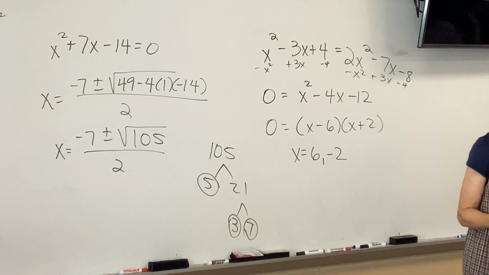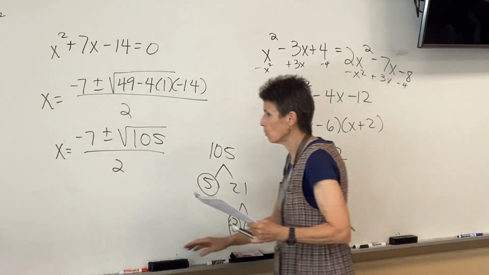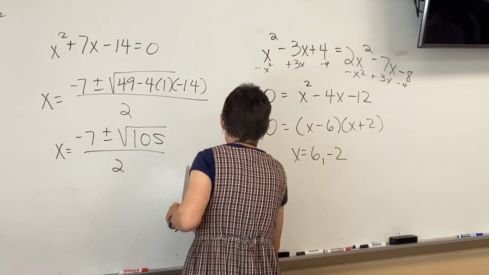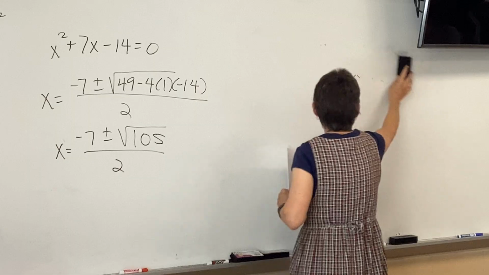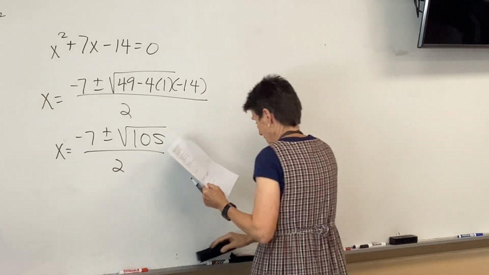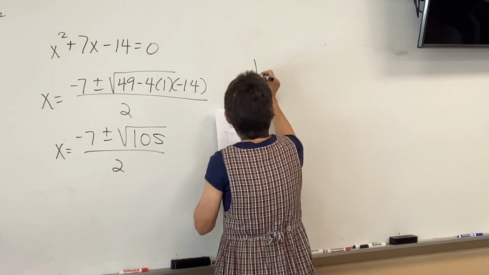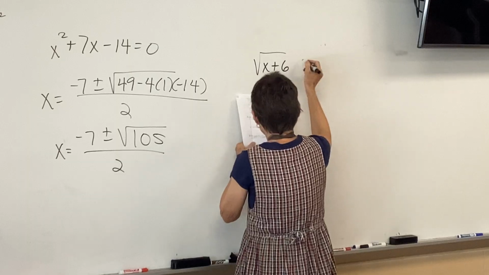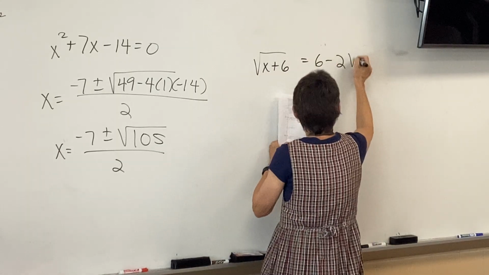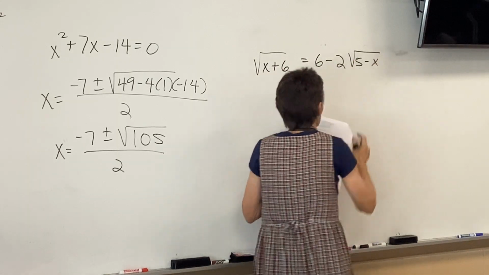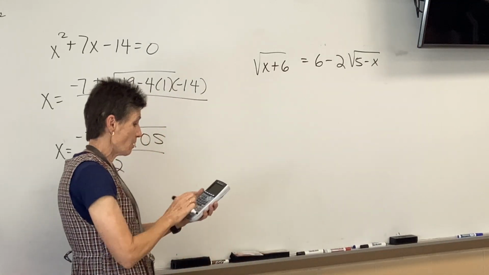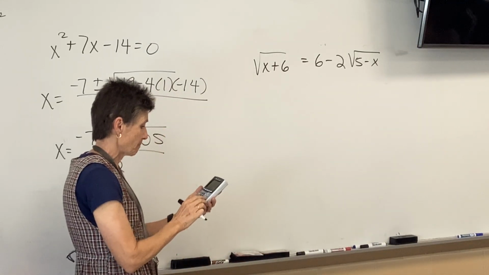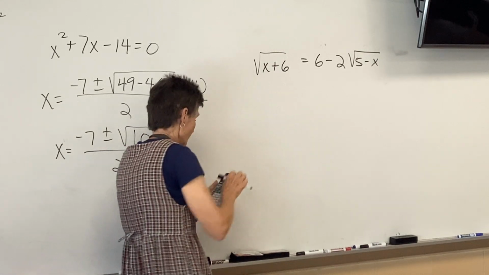All right, number 3, we're going to solve graphically with our calculator. So in other words, we're going to graph this thing. Thank goodness, because that would be awful to try to solve. So I'm going to go to y equals, and put that in.